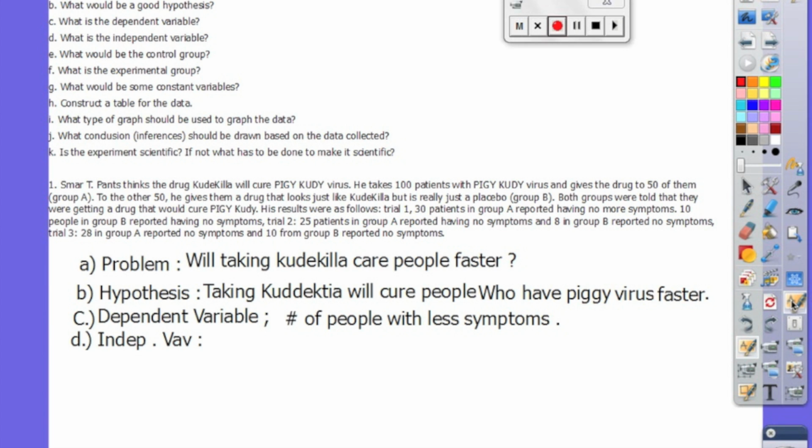The independent variable is what we changed in the experiment, so it'll be medication. It's given. Which will be the cootie killer. I'm going to put it here in parentheses.